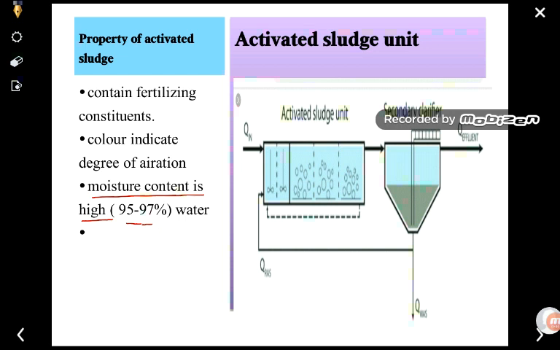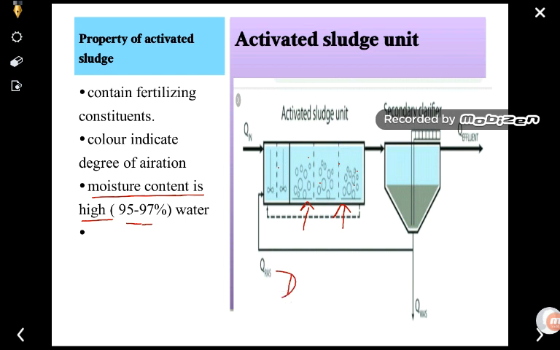Next point is that the activated sludge is added to the effluent of the primary clarifier. This is an activated sludge unit. Here the aeration is provided, either mechanically or by means of diffusion.